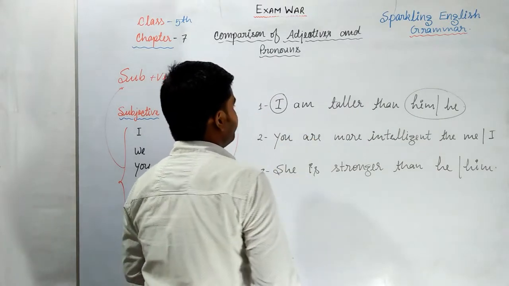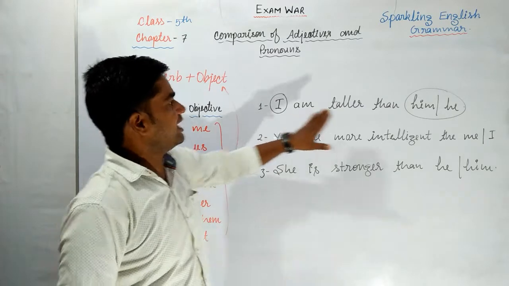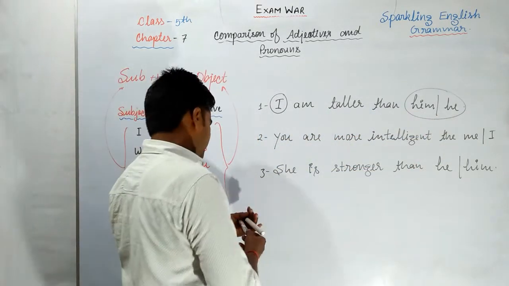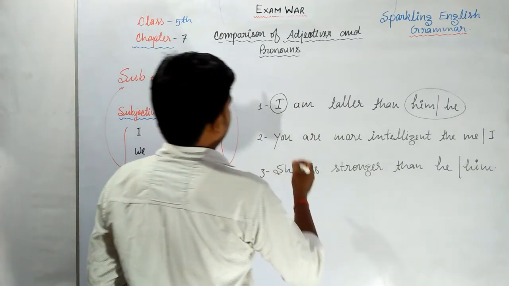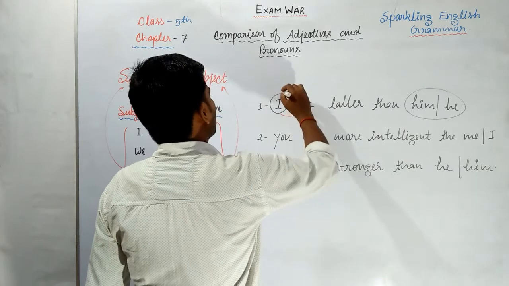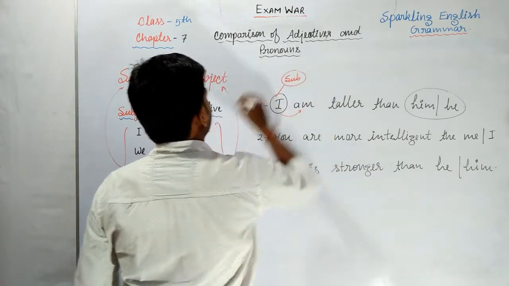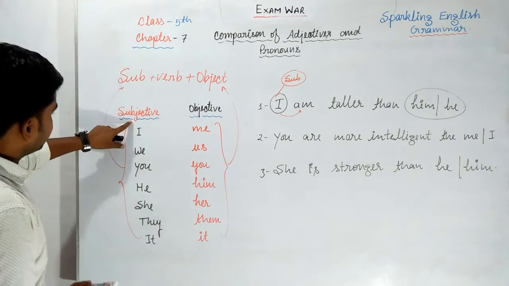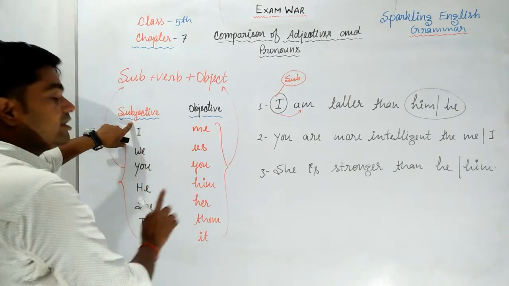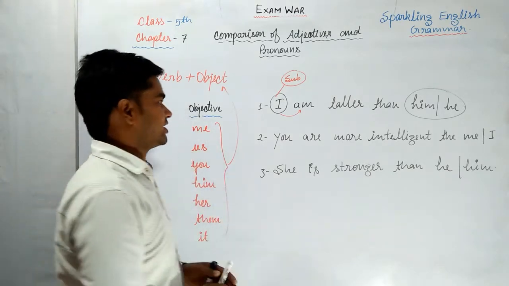So dear students, I am taller than you. It means I am comparing I with any of these two words, which will be correct. So I, dear students, cannot be changed as this is the subject and we used a verb according to it. So I is subjective. What type of pronoun is I? Dear students, I is a subjective pronoun and it can be compared only with any other subjective pronoun, not with any objective pronoun.